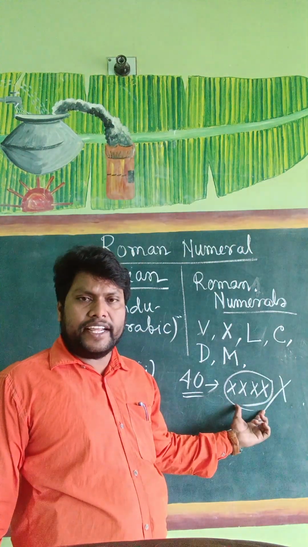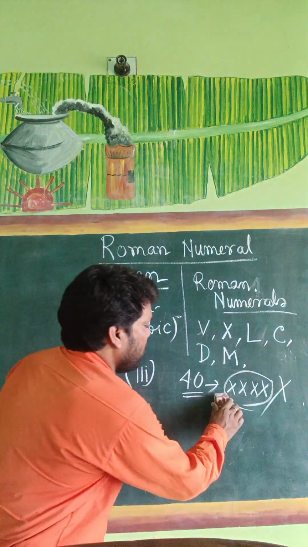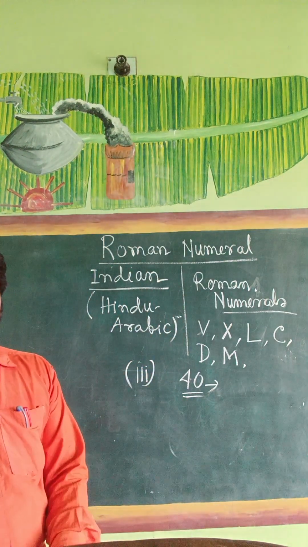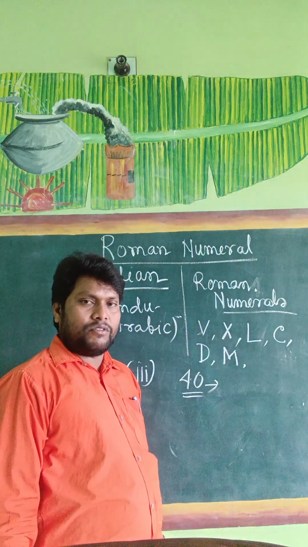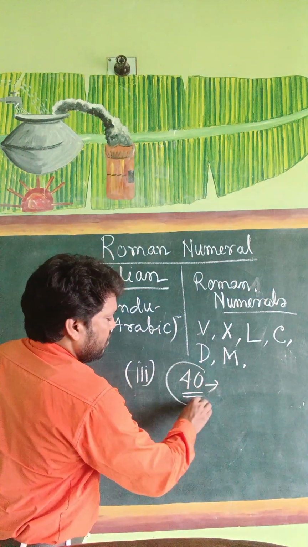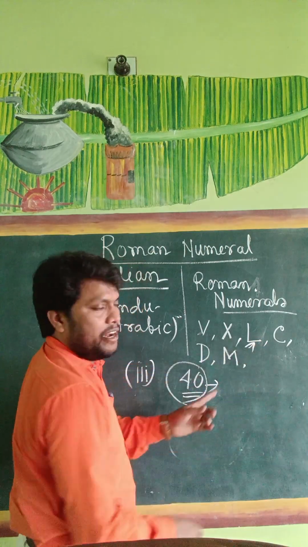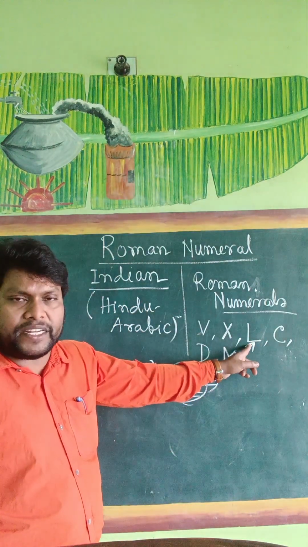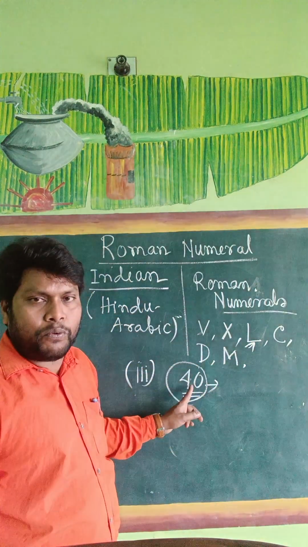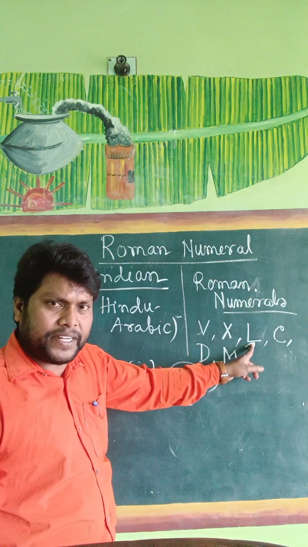So it is wrong. There is some technique. What is the technique? Now 40 is nearest to 50. L means 50. So the value 40 is nearest to 50.